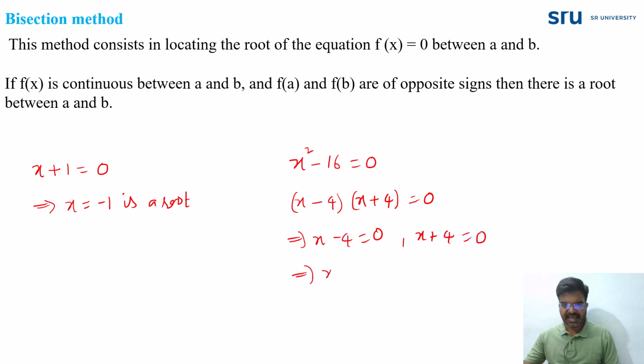That implies x equal to 4, x equal to minus 4 are the roots. If it is one simple algebraic function, easily we can find the roots of that equation. Suppose the function is transcendental or an algebraic function with higher degrees. In that case, calculation of the root is a little difficult.